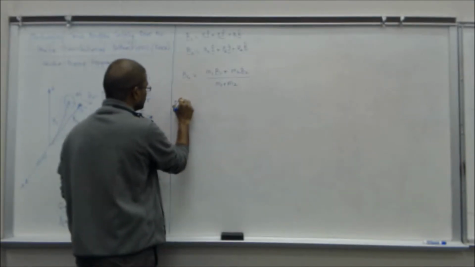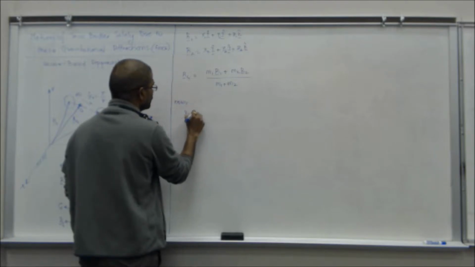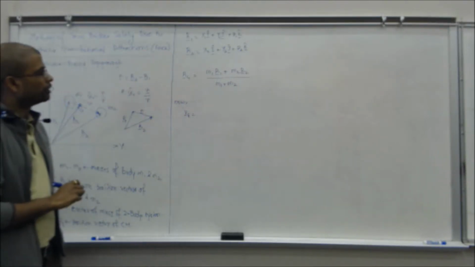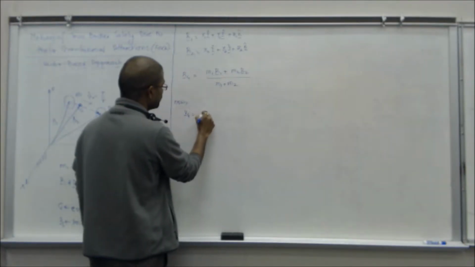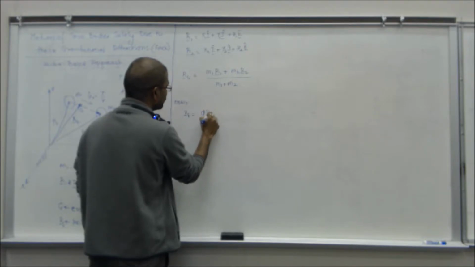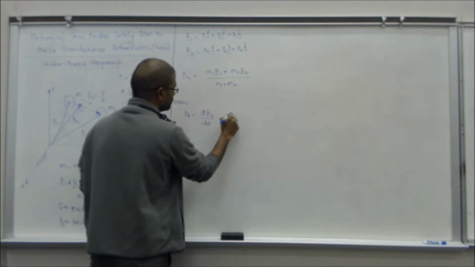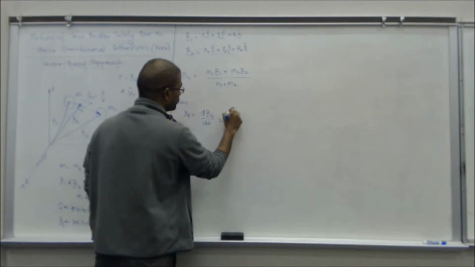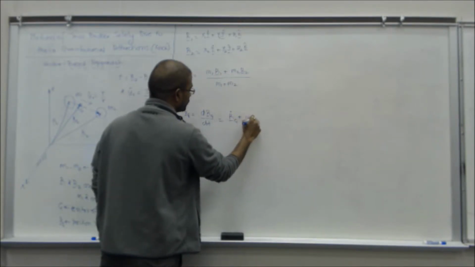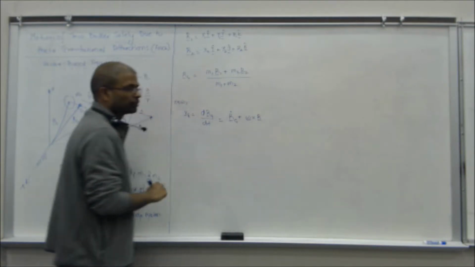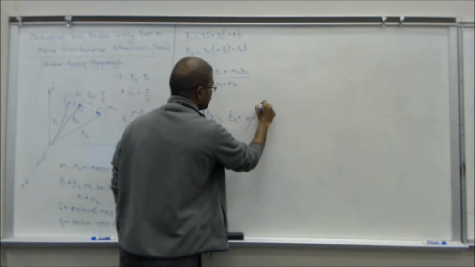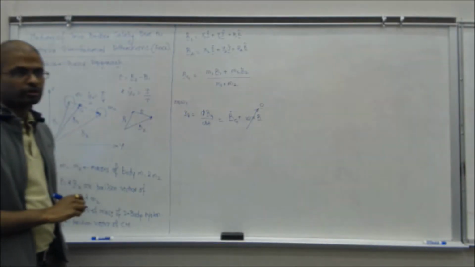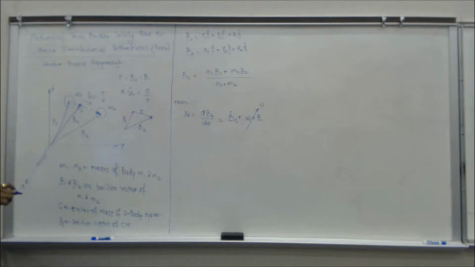Now, let's do this with me, just pay attention here. So what is Vg? It is d RG over dt, which is RG dot plus omega cross R. Why is this zero?